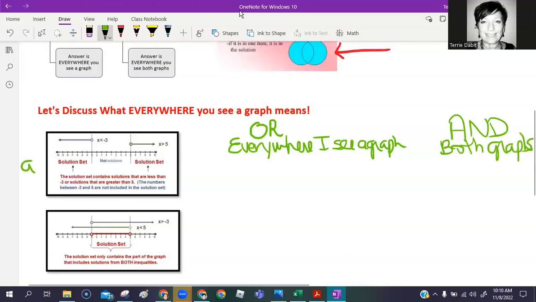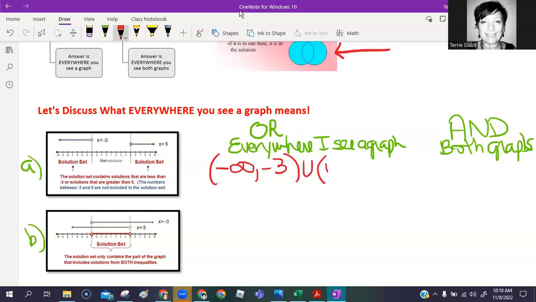So if I name these A and B, if I was doing "or," everywhere I see a graph, well, I see a graph from negative infinity to -3. It doesn't include -3 because that is a circle. It unions and picks back up at +5 and heads all the way to positive infinity.